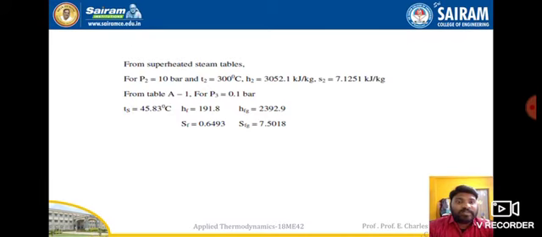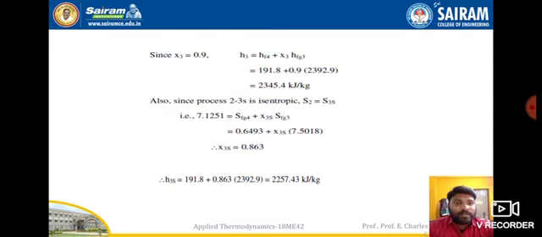If you see for P3 equal to 0.1 bar, HF is equal to 191.8. That value plus 0.9 into HFG3. So you will get H3 as 2345.4 kilojoules per kg. So that is the H3 value.